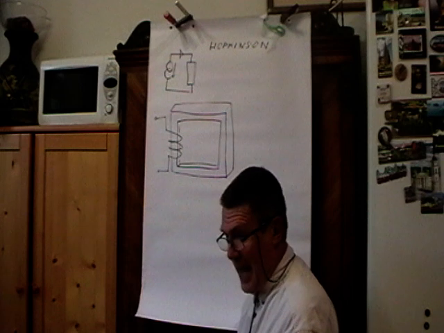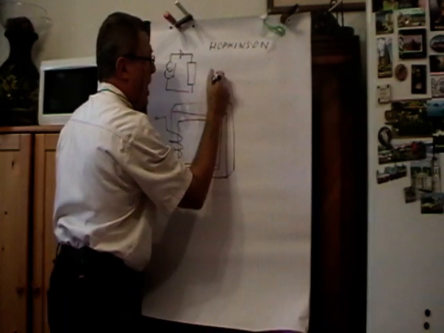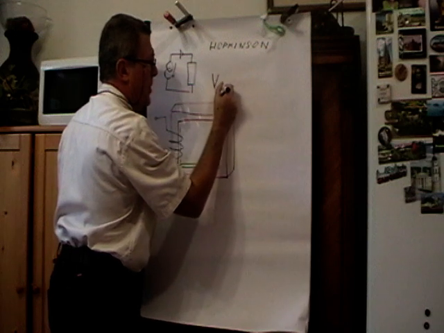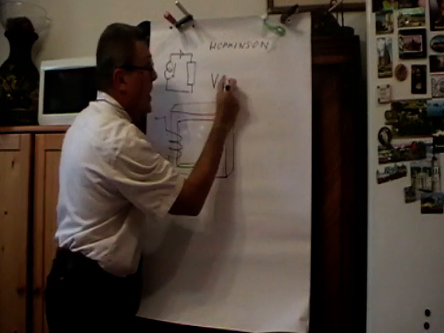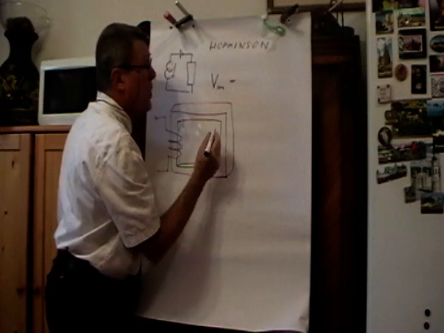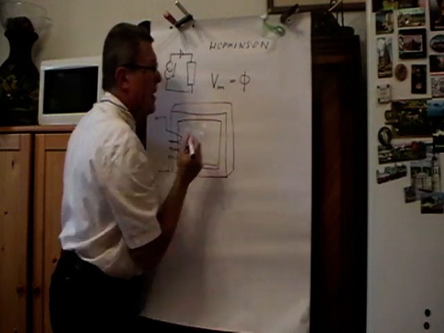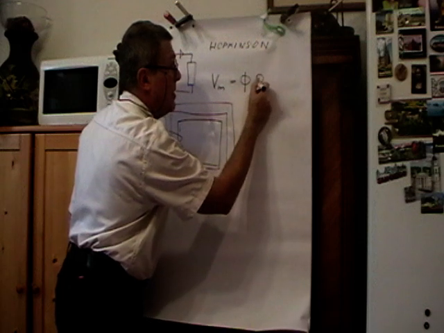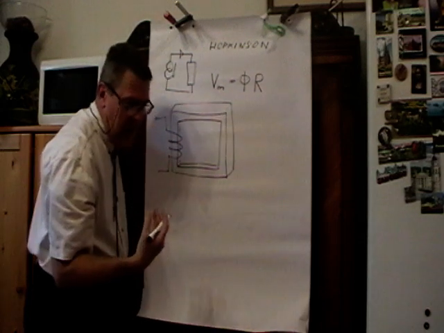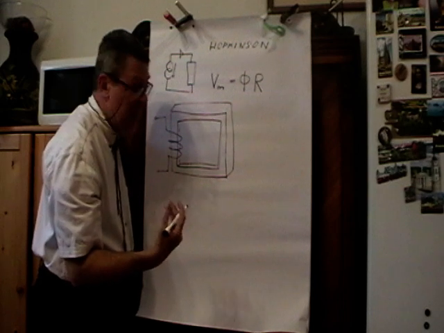It states that you have a magnetic voltage, in brackets, which is equivalent to a product of magnetic flux and reluctance. If we put it into brackets, let's call it magnetic resistance.